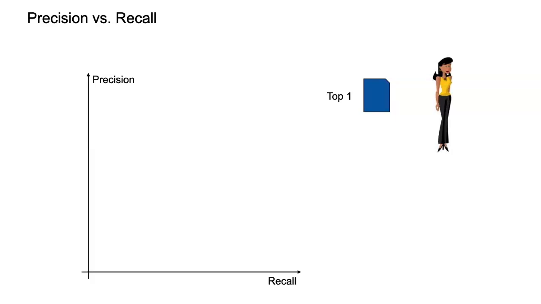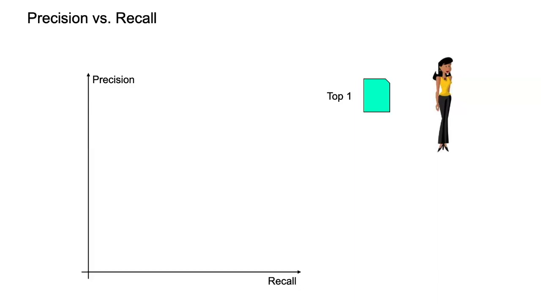Now I have my first document. My first document is returned. Let's consider the two cases. In the first case, I have a relevant document. So my precision at that point is 1. It's 100% because so far I only got relevant documents, and my recall is 0.0000. It's just a tiny part of the internet.